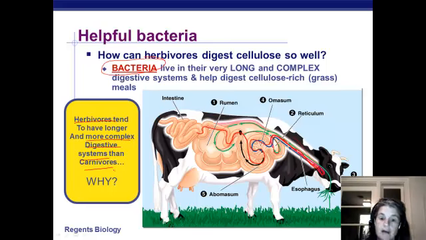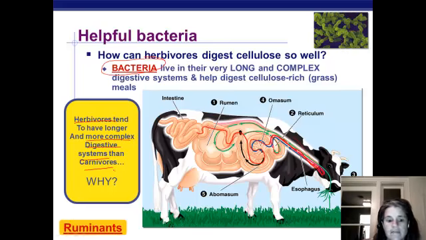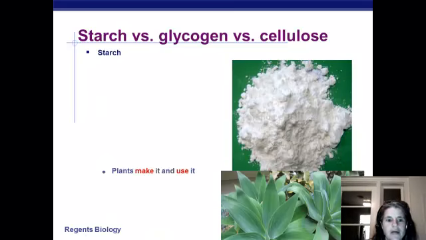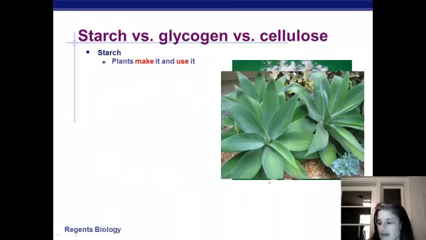It's very difficult. The digestive system to digest plant material has to be much more complex than what you or I have. These animals are called ruminants because they ruminate, or chew on the food twice and get it really broken down.